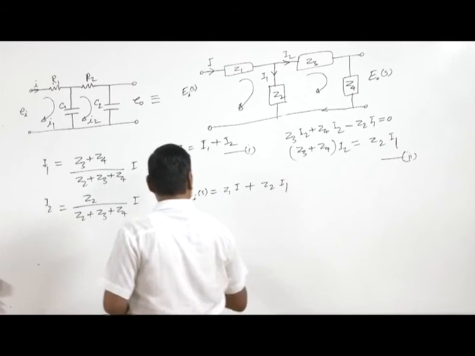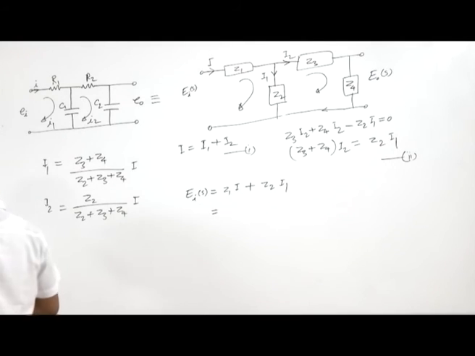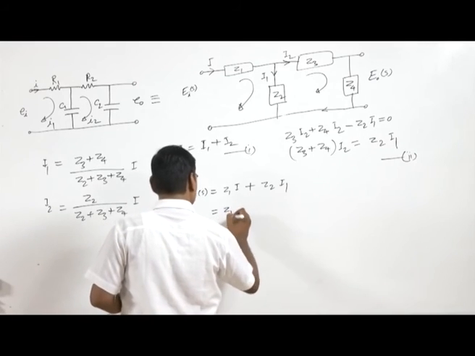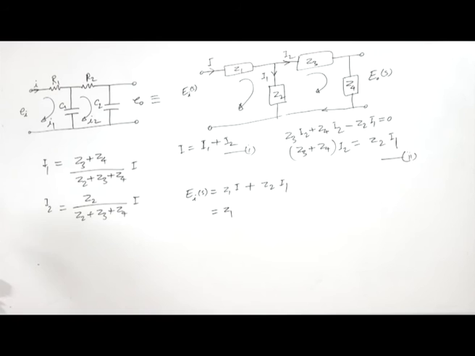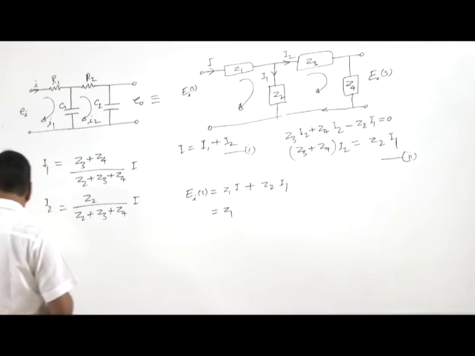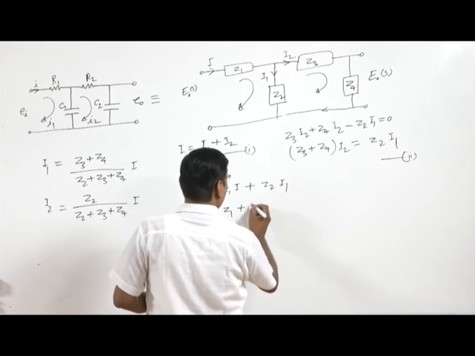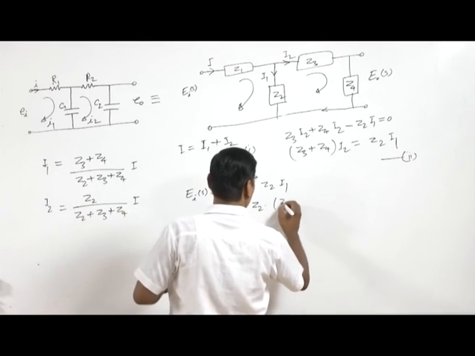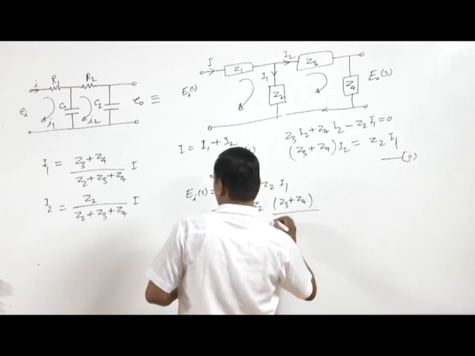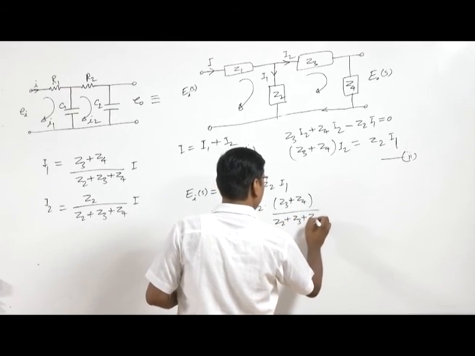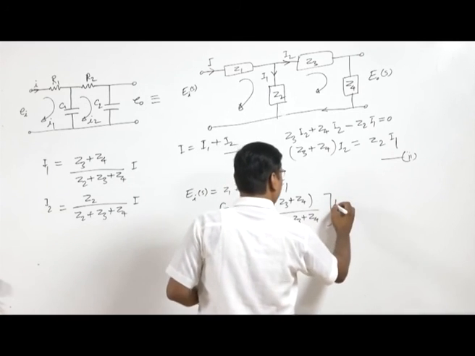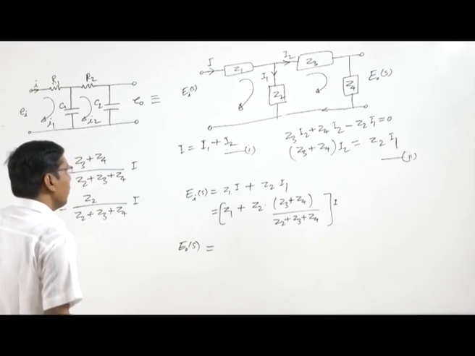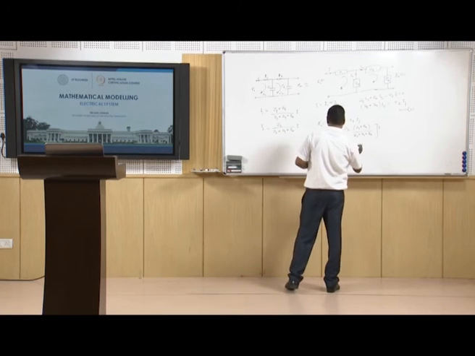Now we can put I1 in terms of I, so Z1 plus Z2 times (Z3 plus Z4) upon (Z2 plus Z3 plus Z4) into I. And EOS equal to Z4 into I2.